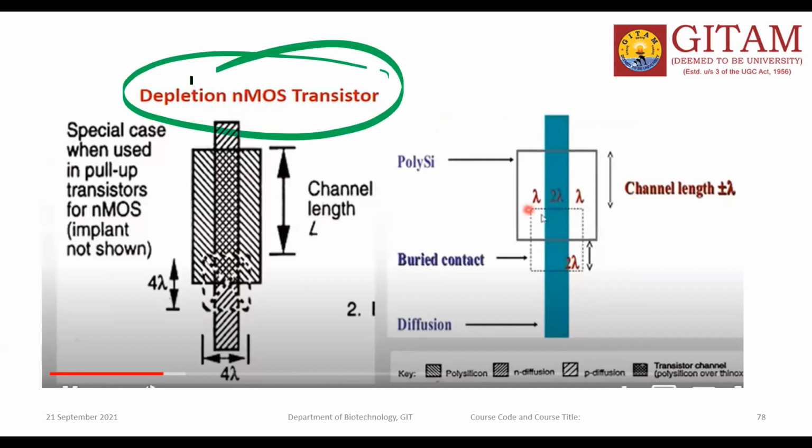You know about the depletion MOSFETs. There must be an implant. This is the diffusion, and this is the poly.